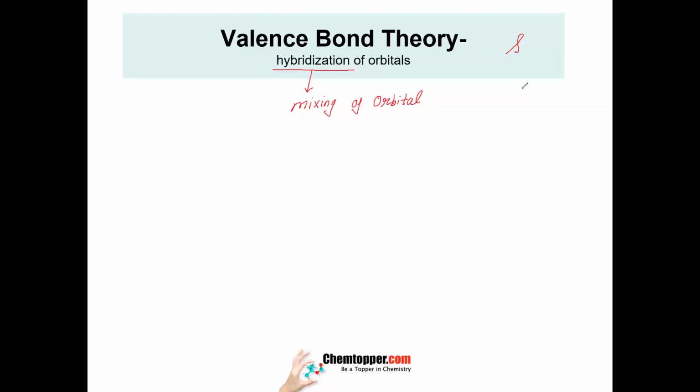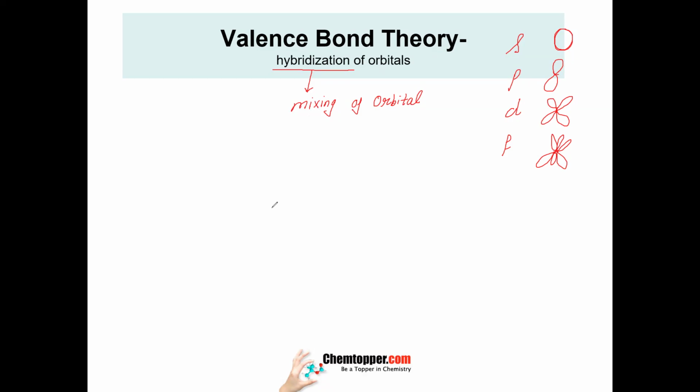S orbital, p orbital, d orbital. Yes, very good. F orbital. You know their shapes? S is spherical like this. P is like a tumble. D, double tumble, double. F, triple. So all these shapes also we did.